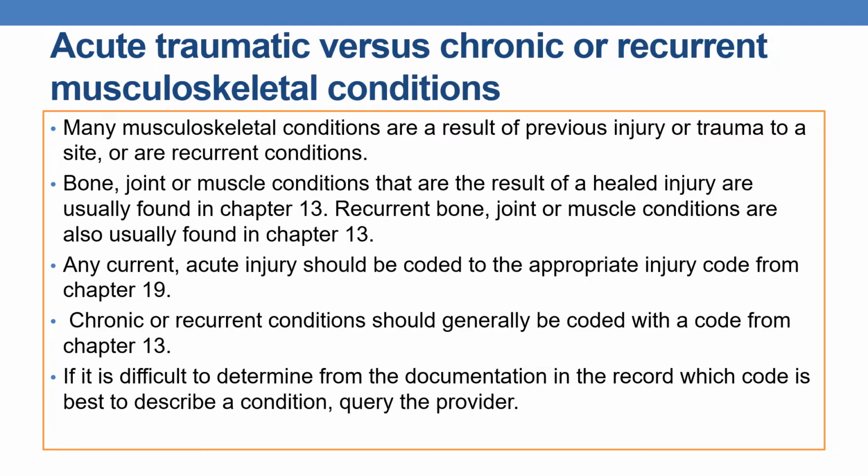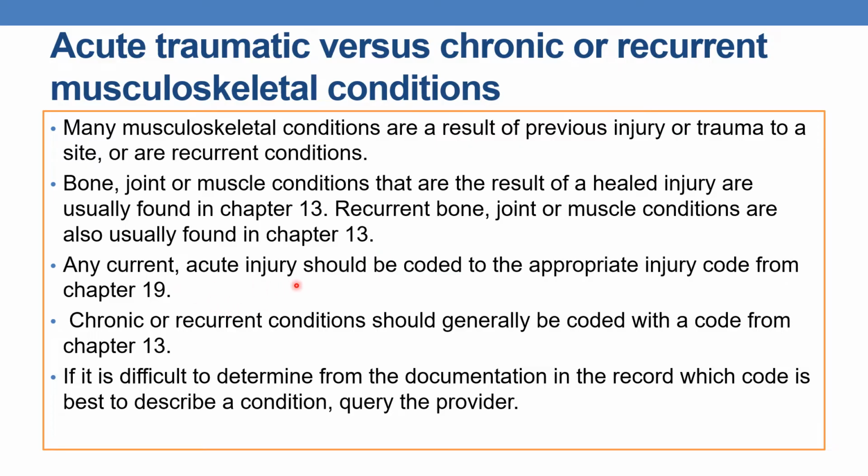Many musculoskeletal system conditions are a result of previous injury or trauma to the site or are recurrent conditions. Bone, joint or muscle conditions that are a result of a healed injury are usually found in chapter 13 with M codes. Recurrent bone, joint or muscle conditions are also usually found in chapter 13.